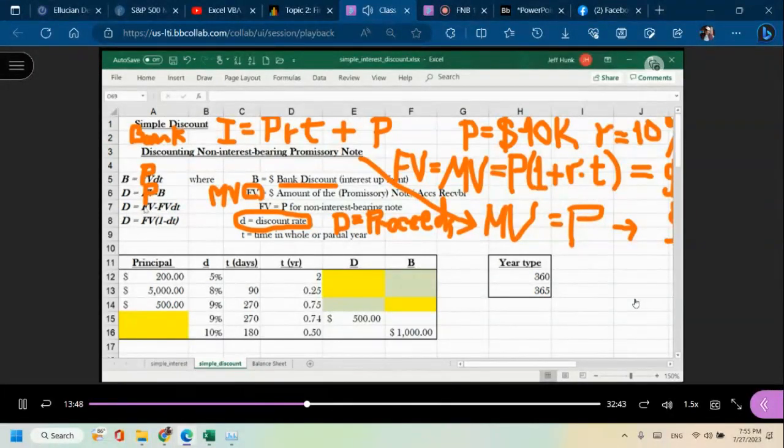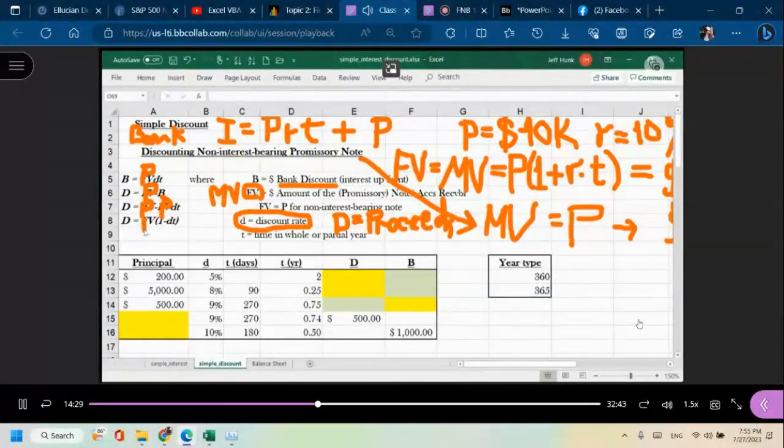D by definition. D is, first of all, FV, which is also maturity value, but in this case, because it is not paying any interest, maturity value is the same thing as the principal. And then B is by definition P times dt.